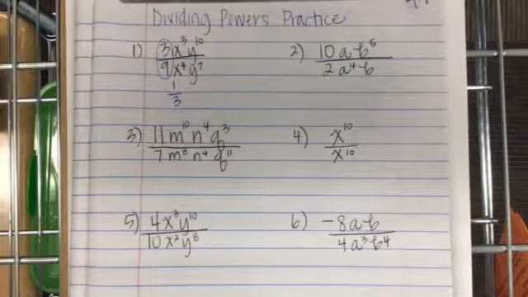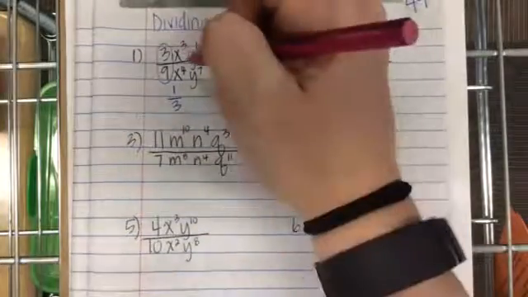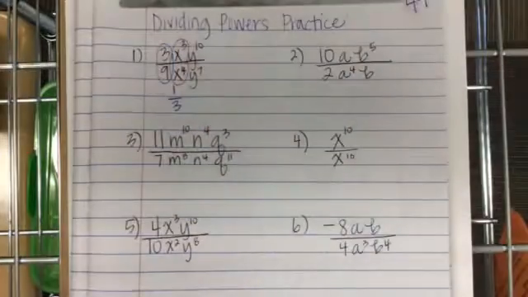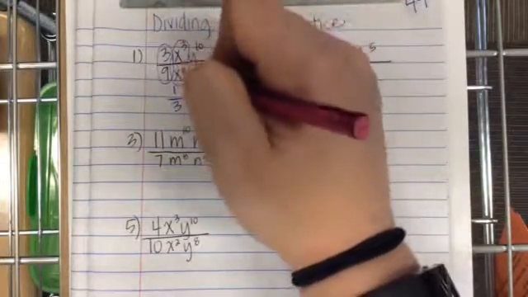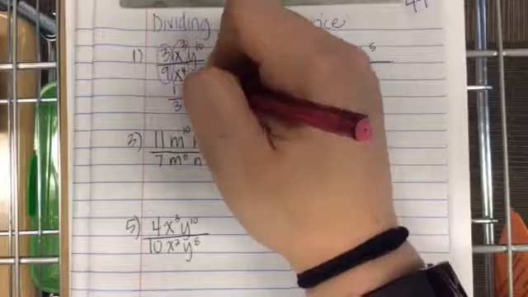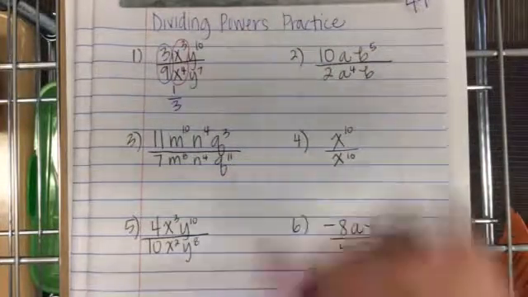Okay. Then we start subtracting. 3 minus 4 is negative 1. So x to the negative first. Where does that live? And it becomes positive.